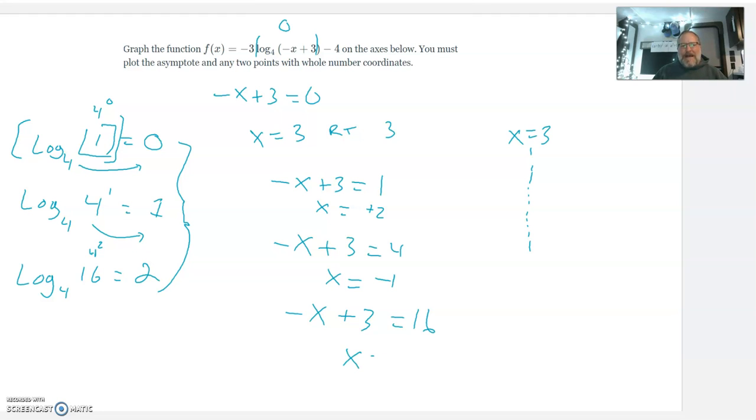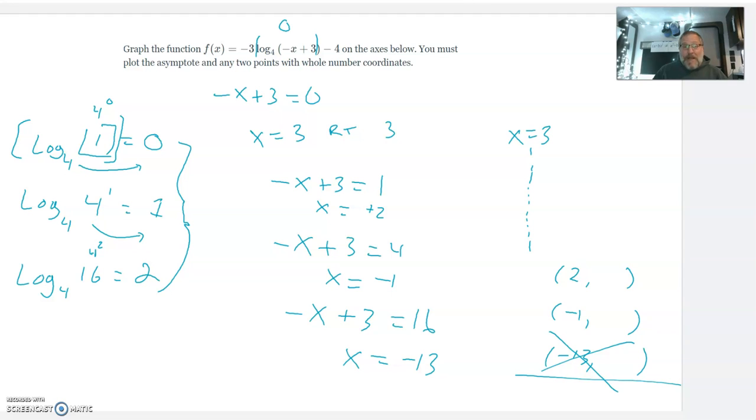Then I'm going to subtract, that's 13, and then multiply by a negative, so negative 13. So now I've got 3 x values: positive 2, negative 1, or negative 13. I don't think I'm going to bother with the last one because I only need 2 of them.